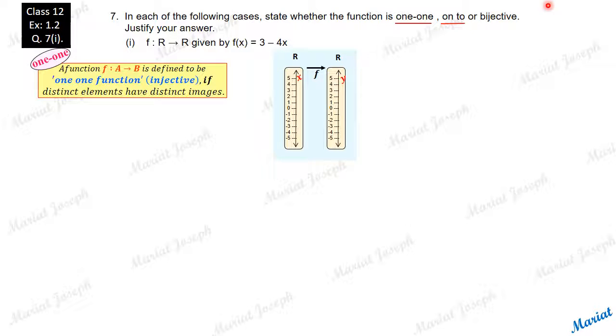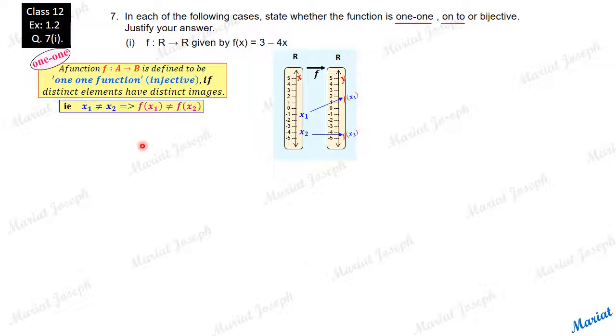Now, let's see whether it is a one-one function. What is a one-one function? A function f defined from set A to set B is called a one-one function or injective function if distinct elements have distinct images. Two different elements you take from here, their respective images should also be distinct. That is, if x1 and x2 are unequal, it should imply that their respective images are also unequal.